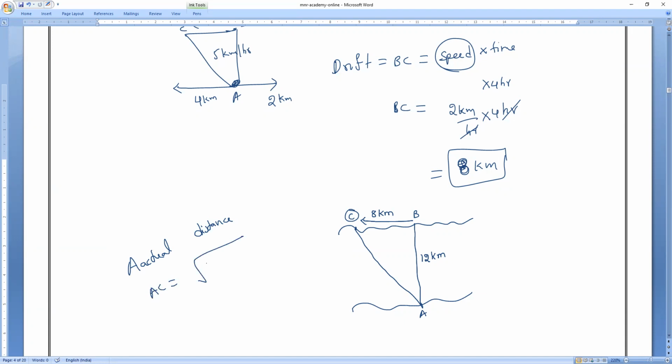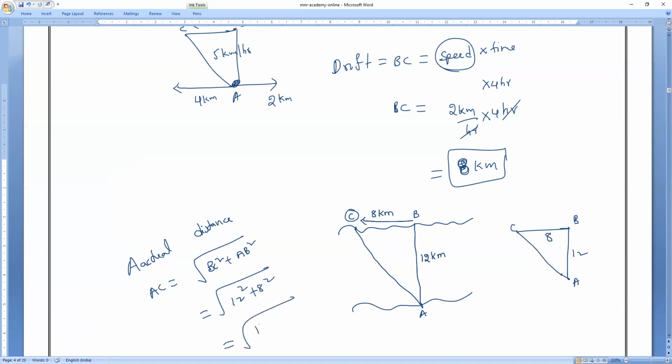Square root of BC square plus AB square. Yes or no? So 12 square plus 8 square. How much, guys? 144 plus, do it and tell me, all of you. So this is 8 and this is 12. So then AC is equal to how much will it come? Fast. So that is the actual distance.